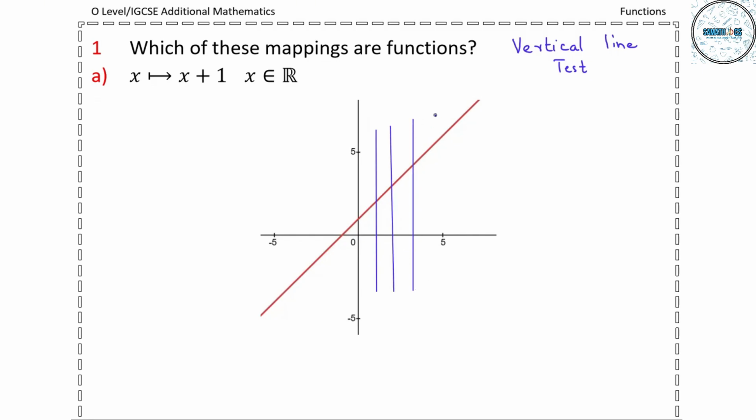If the line intersects the graph at one point, it means it is a function. A vertical line is intersecting the graph at one point, so it is a one-to-one mapping, and it is a function.